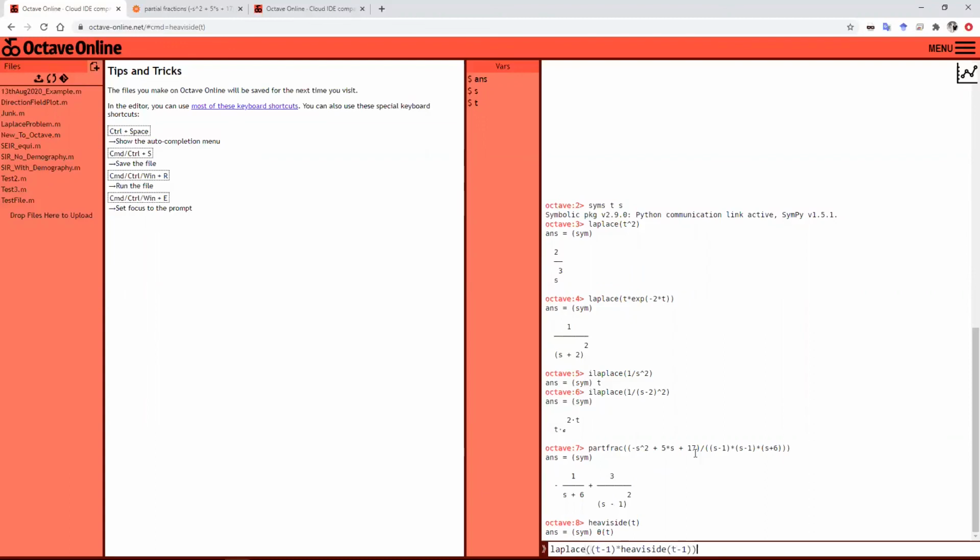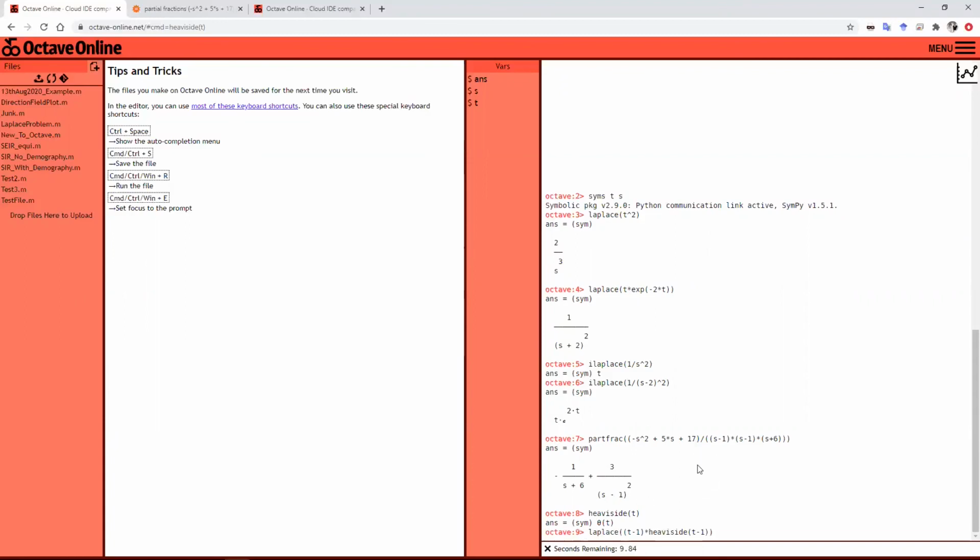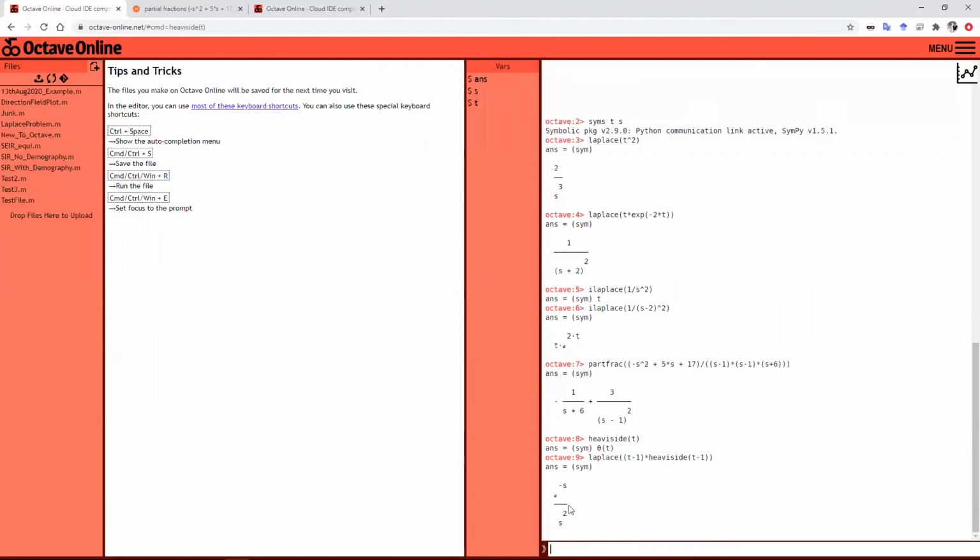Okay, so this should be, okay, well, the Laplace transform of t is 1 over s squared, so this should be, and here we're using the second translation theorem, so this should be something like the exponential of negative s over s squared, or something like that. So let's just check. Here we go. Okay, so, well, it's not very pretty, but you can see that we've got exponential of minus s over s squared. So in fact, Octave can also calculate the Laplace transform of the Heaviside function.